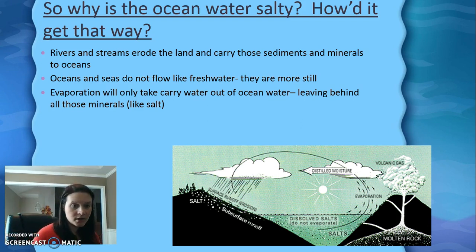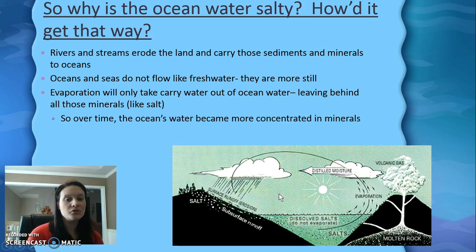But water cannot evaporate with all of those minerals in it. It is just the water that evaporates out. The minerals and the salts get left behind. They stay in the ocean or in the seas. So over time, the ocean's water just becomes much more concentrated in minerals, making it saltier and saltier.